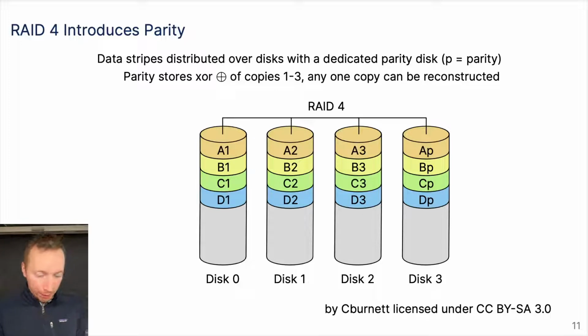So RAID 4 does kind of what RAID 0 was doing, where it stripes the data across disks, but there's one disk dedicated to parity. What that will do is store some information such that if one of the disks dies, it can reconstruct what that bit was.